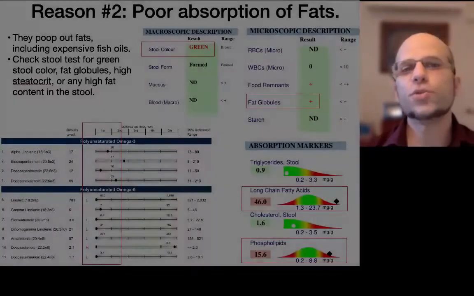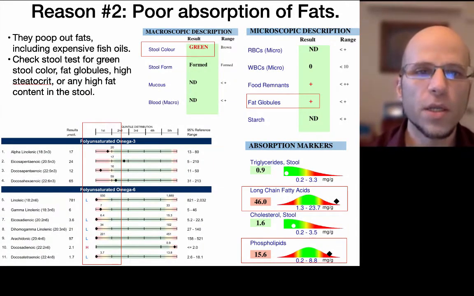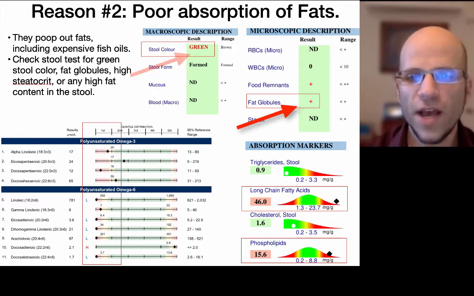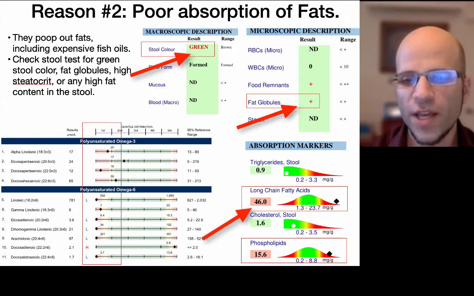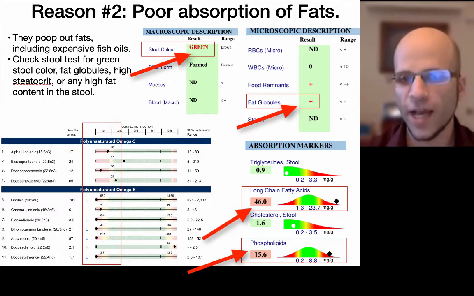The second issue is they have poor absorption of fats. This is a real client of mine that I'm pointing out here. This is his stool test showing green stool color, fat globules, and over here, over double the long chain fatty acids in his stool, not his blood, his stool, and about double his phospholipids. So he's pooping out fat.